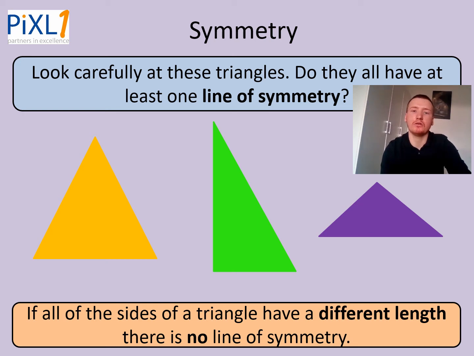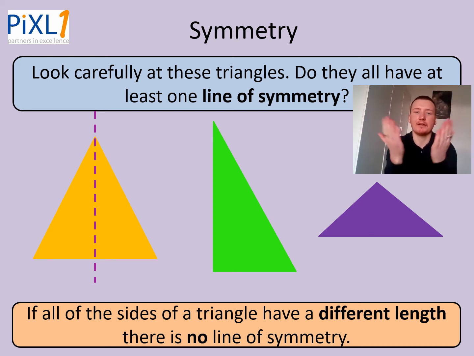We're now going to quickly run through our answer to double check that we got them correct. Our first triangle, if you remember at the start of the lesson, I showed you this triangle. We know that all the sides are the same length. So if we put a line of symmetry straight down and we fold it, or if we put a mirror down that line, you will see it does have a line of symmetry, so you can put a tick.